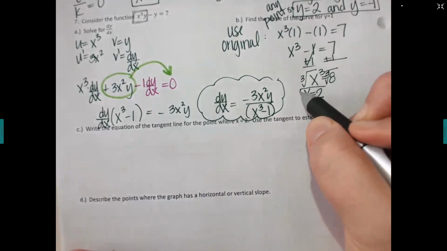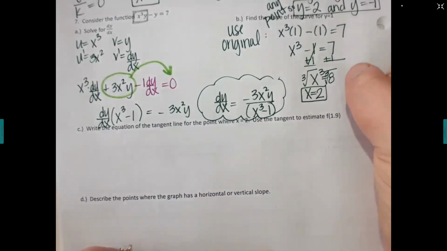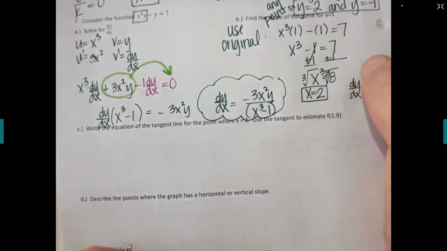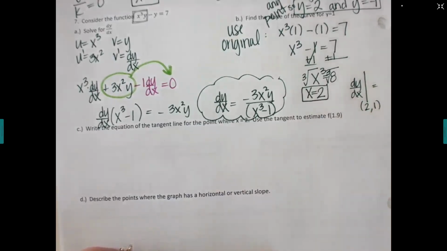So my x is a 2. Which means that not only do I know now my y is a 1, but I have the x that goes with it needs to be a 2. So then now to find my slope, follow your notation. It's dy dx, vertical line, 2, 1, and then you plug it in.